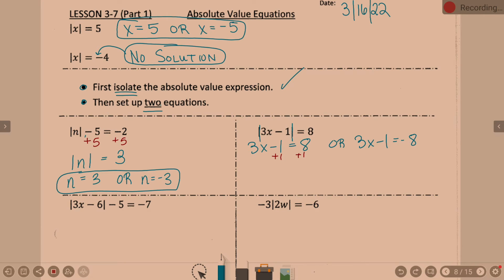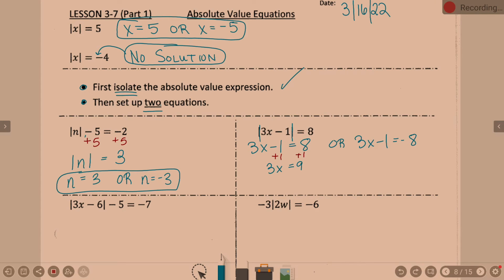Minus 1 plus 1 cancels. I have 3x equals 8 plus 1. That was so challenging. Now, 3x equals 9.